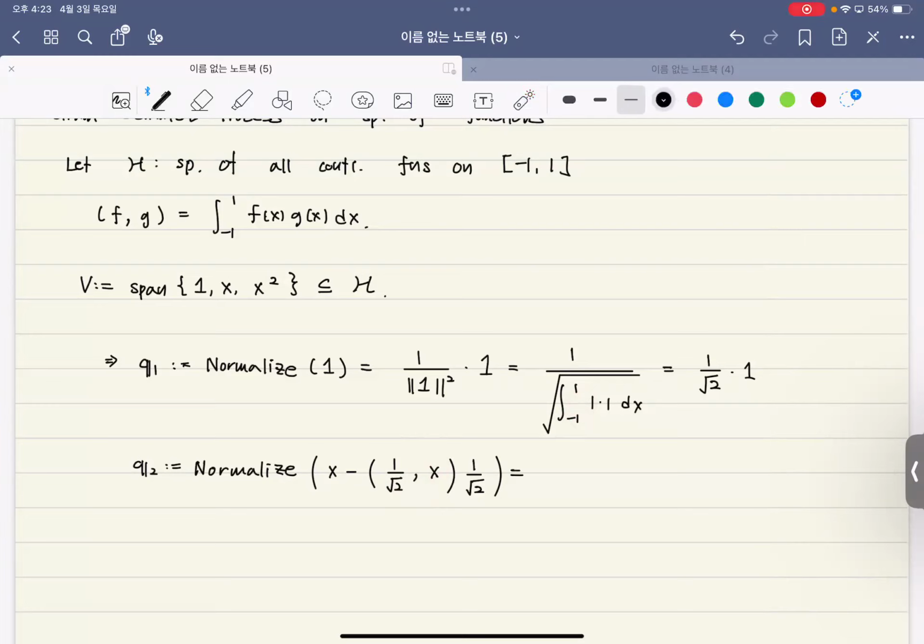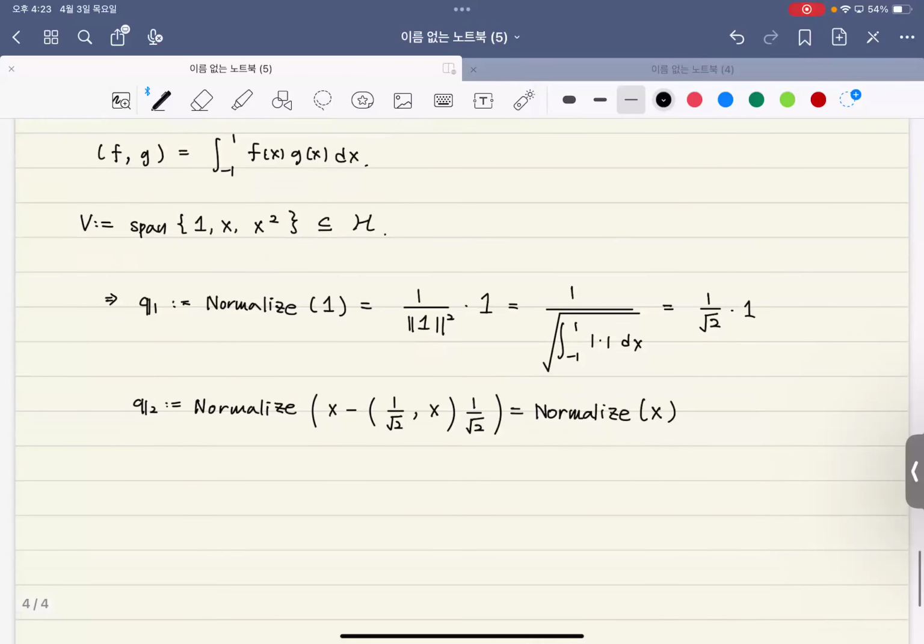So it turns out I have to normalize just this single vector x. This is the square root of the integral of x times x. What is this?